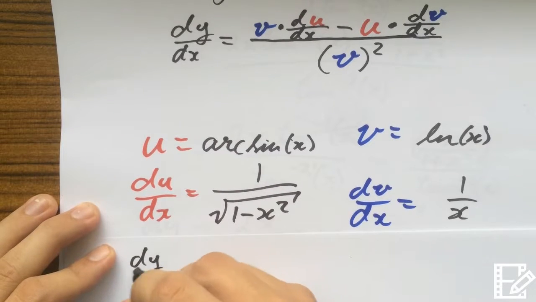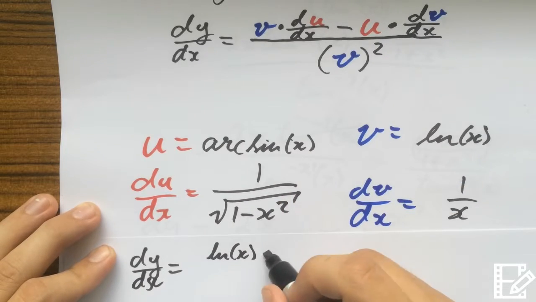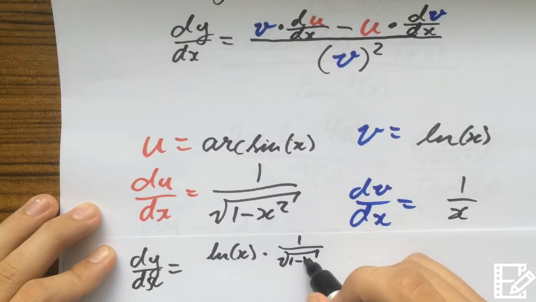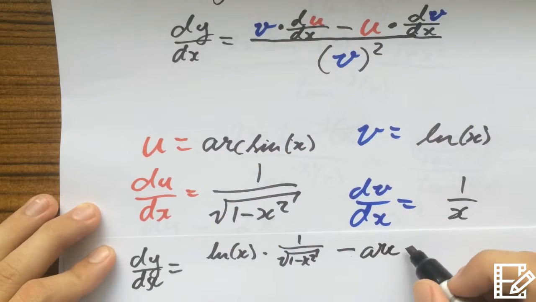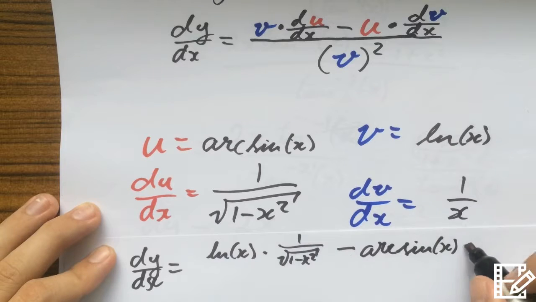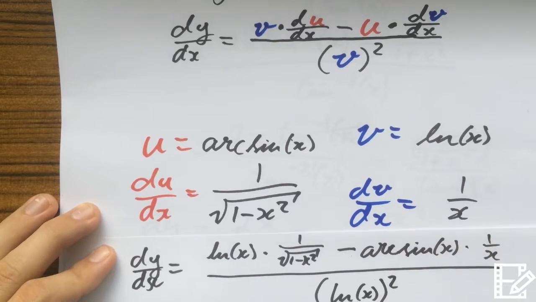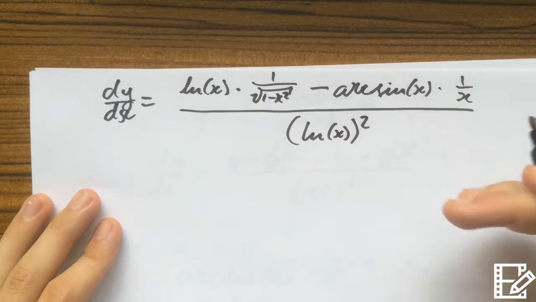So we have the derivative of y with respect to x equals v, which is ln of x, multiplied by the derivative of u, which is 1 over the square root of 1 minus x squared, minus u, which is arc sine x, multiplied by the derivative of v, which is 1 over x, all over v squared, not square root, so that would be ln of x squared. Okay, so now we have this written out. Now we've got something to work with.